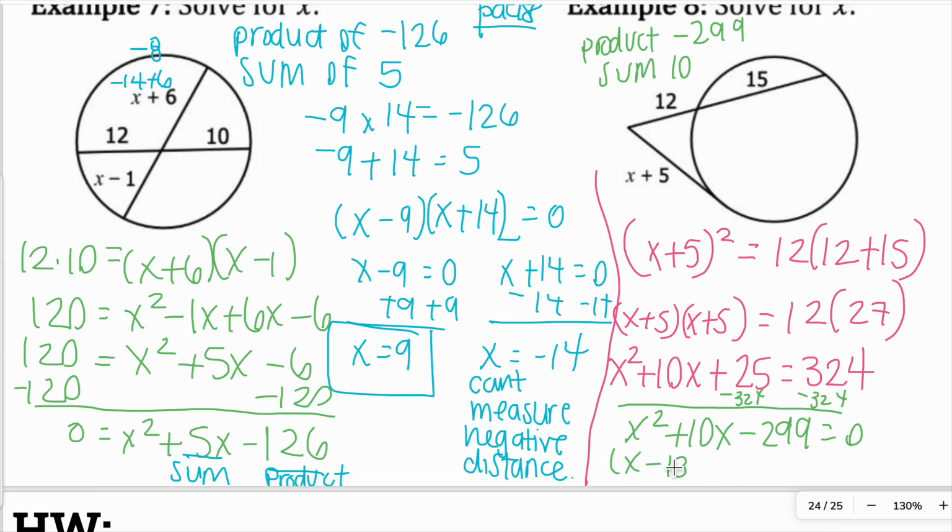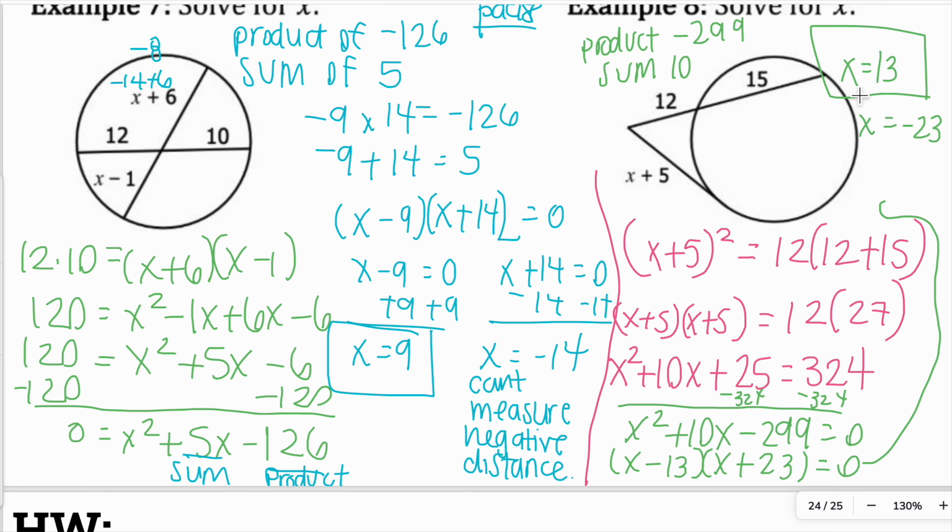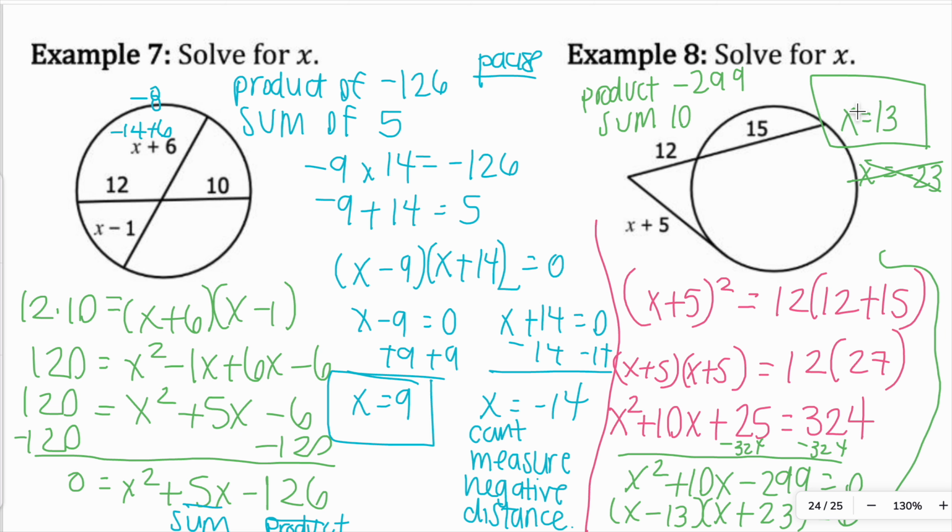So x minus 13 and x plus 23 setting equal to 0. So I'm going to scooch up here because I'm running out of room. That means x can be 13 or x can be negative 23. And since we're dealing with distance here, our one true answer would be positive 13 because a negative cannot be measured with distance. Those are really tricky because those are using what we learned at the beginning of the chapter.